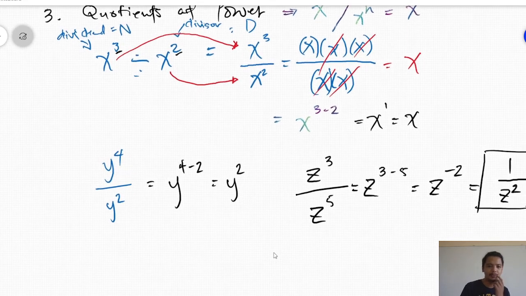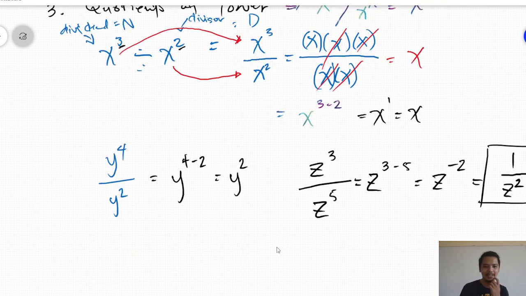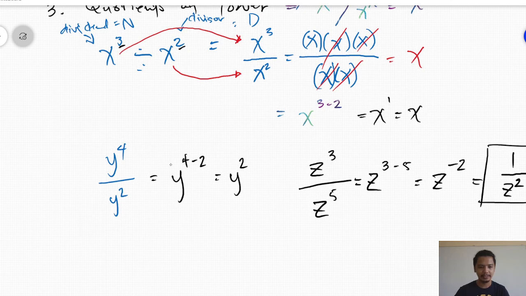So, paano kapag may cases na magkakasama? Let's say, pagsama-samahin natin. Let's say we have here x cubed y to the fourth z cubed divided by, yung mga ginamit na natin kanina, x squared y squared z to the fifth.